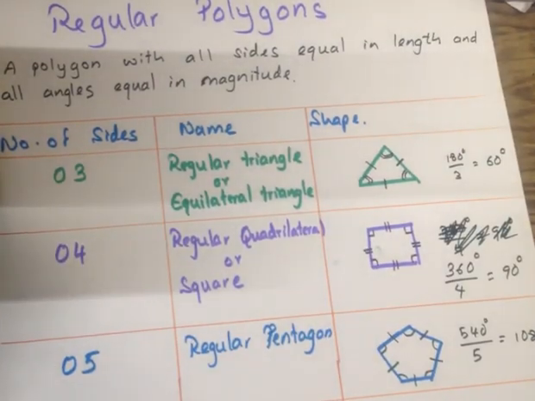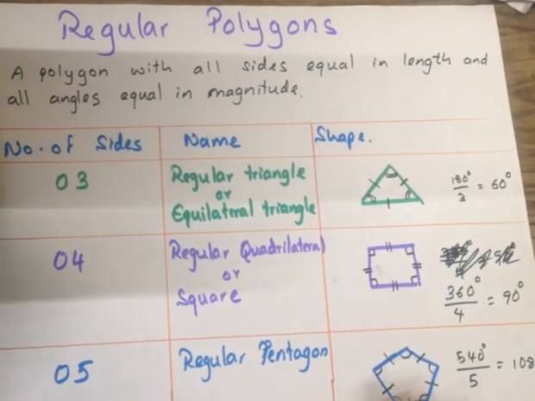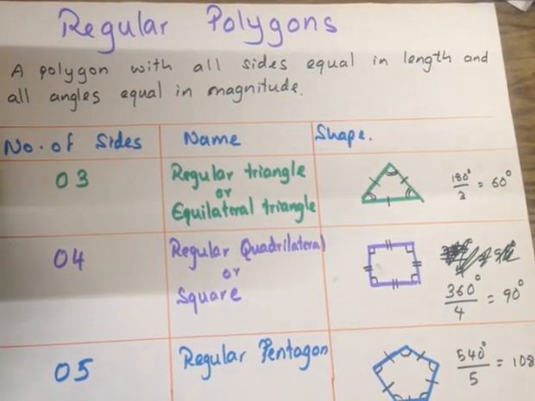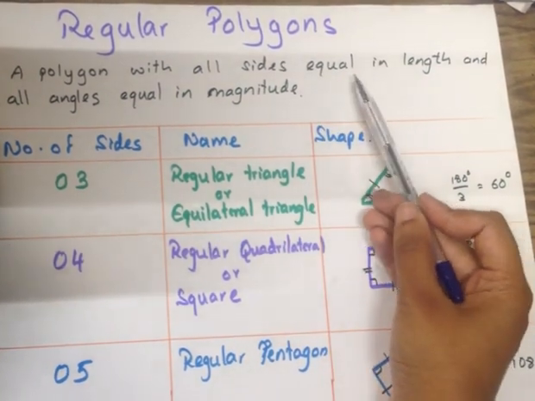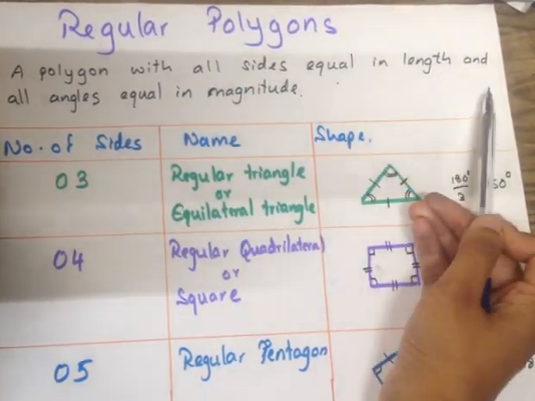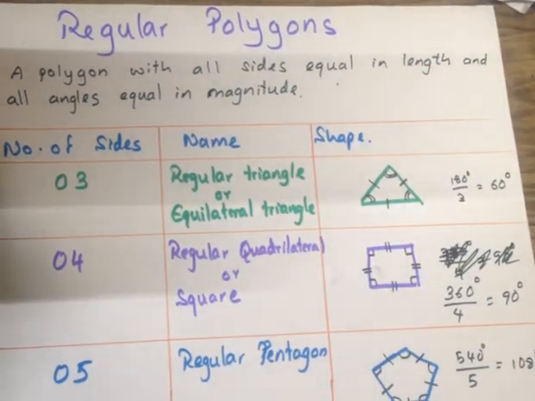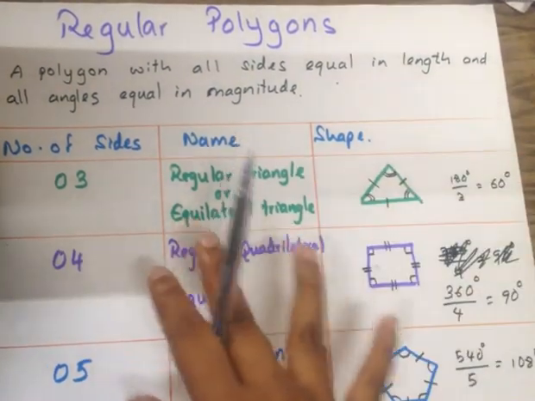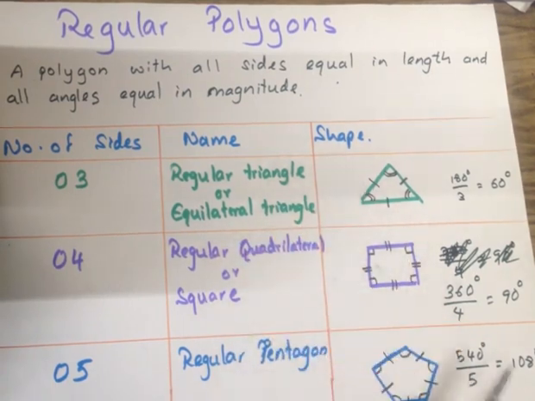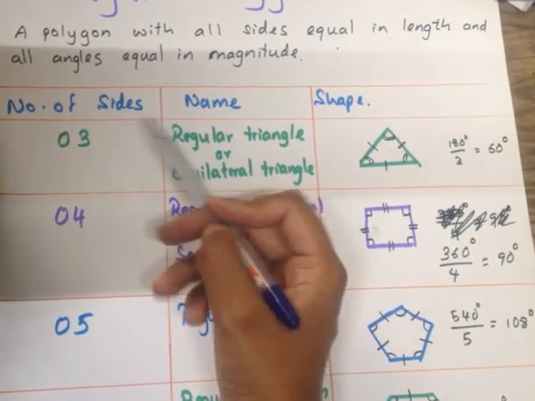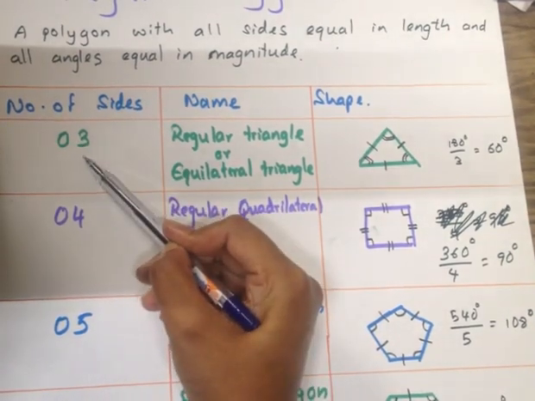Okay. Now let us see what regular polygons are. A polygon with all sides equal in length and all angles equal in magnitude. I will show you 4 regular polygons which we use. The number of sides is 3.